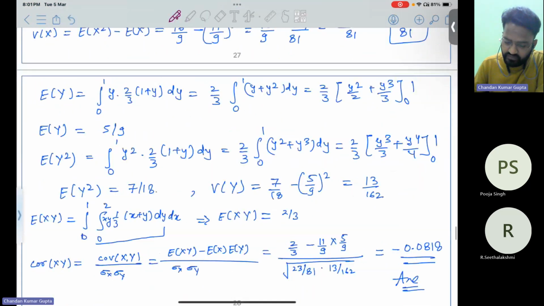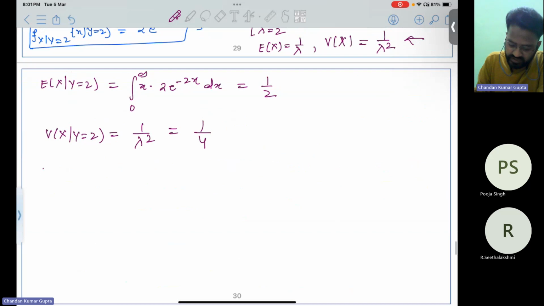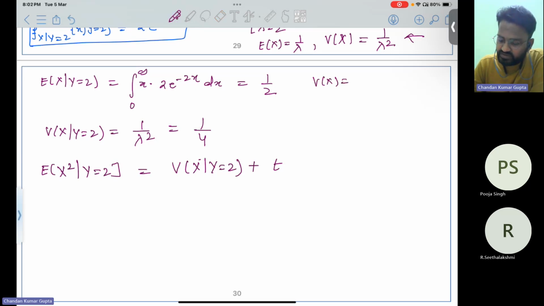And expectation of x square. We need to also calculate expected value of x square given y equal to 2. We know this formula: variance of x is equal to expectation of x square minus expectation of x whole square.